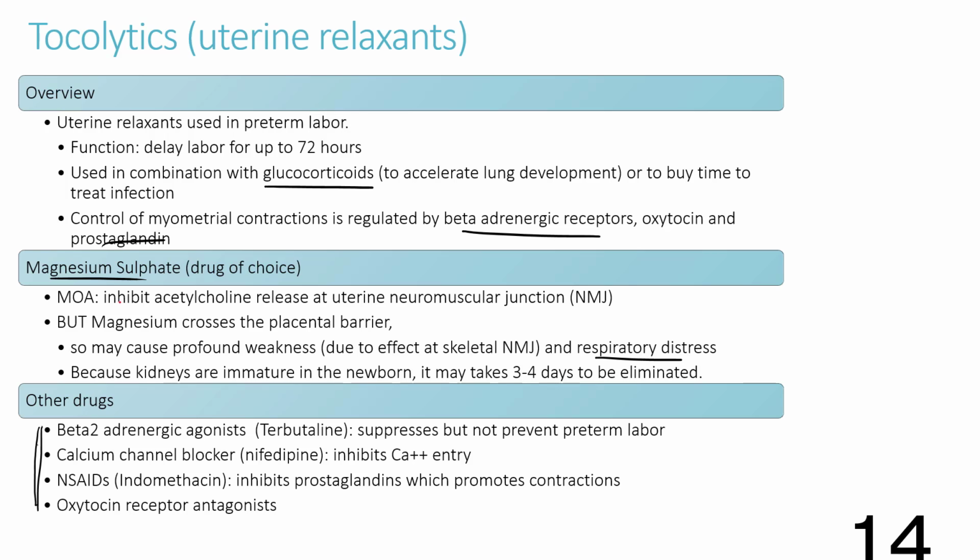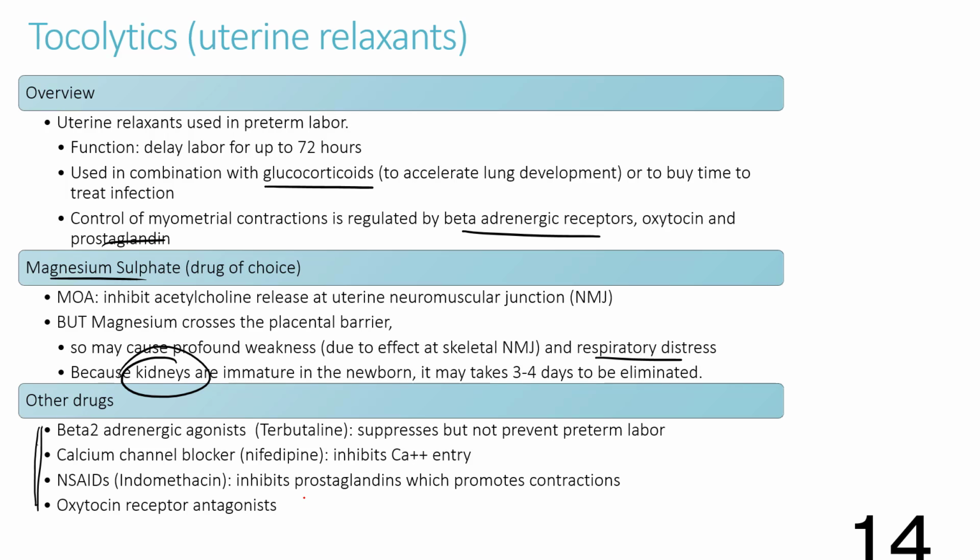The other thing too is because it does cross the placental barrier, and because the kidneys in the newborn are immature, the magnesium sulfate may actually hang around in the system for 3 or 4 days, and so it's really important just to watch the infant for those 3 or 4 days, particularly for adverse effects related to weakness of the skeletal muscles, right?